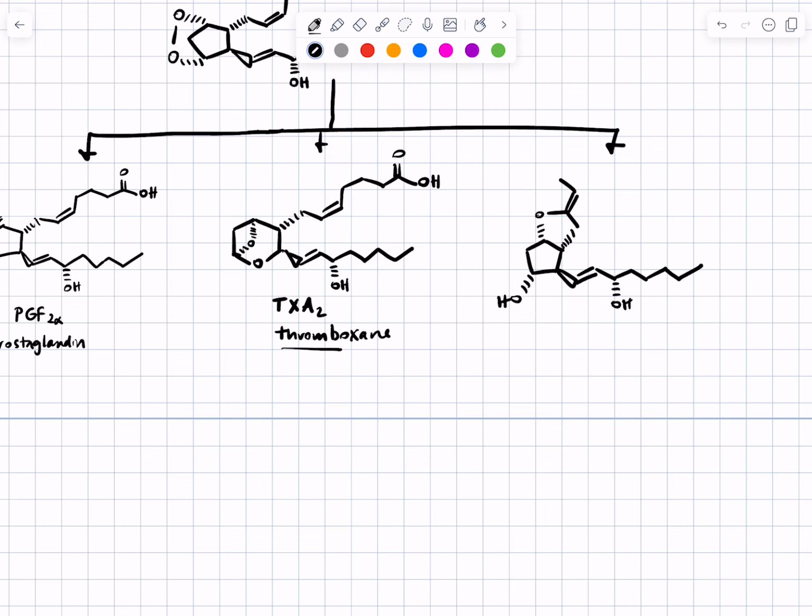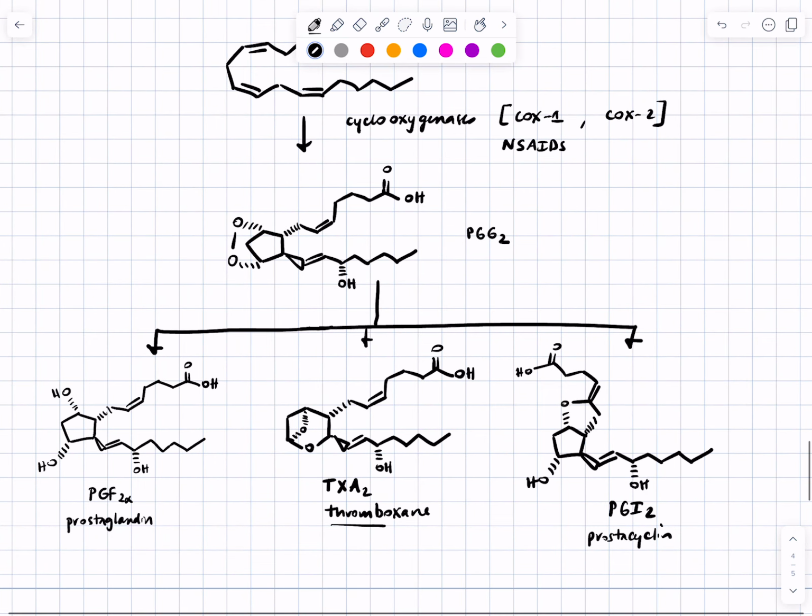And this is called PGI2, which is an example of a prostacyclin. Prostacyclins dilate blood vessels and inhibit platelet aggregation. So that's exactly opposite the activity of a thromboxane.